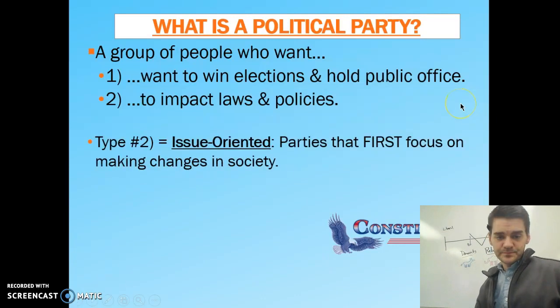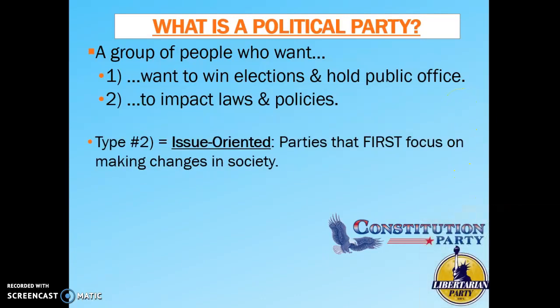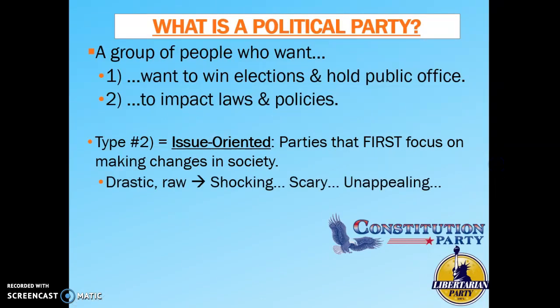Now, the other thing we could talk about is the other kind of party. Type two is what we call an issue-oriented party. These are political parties that focus first and foremost on trying to change things in our society. These parties tend to be a bit more extreme, more drastic and raw. They can shock you.